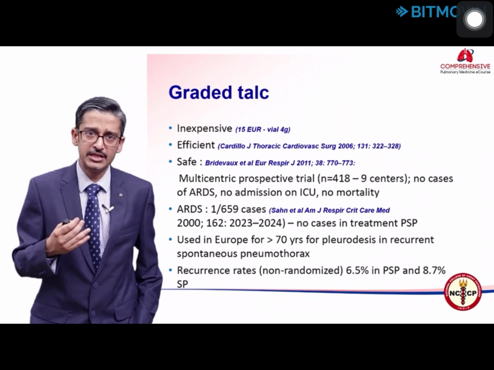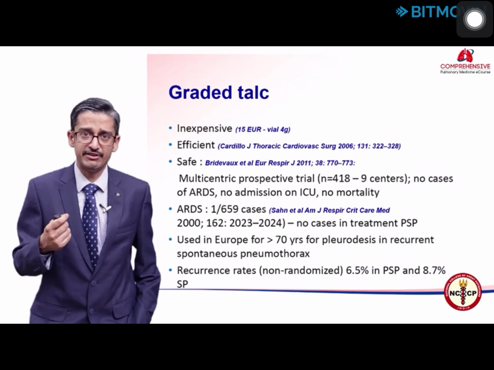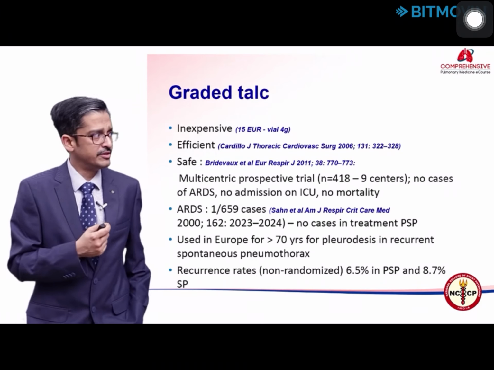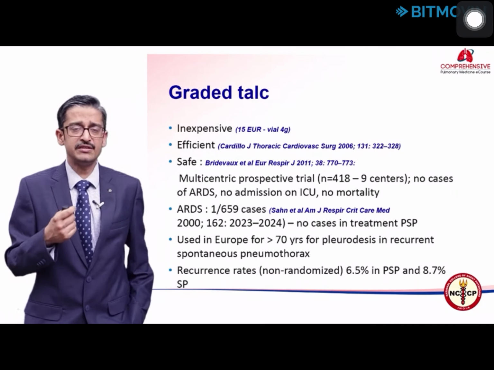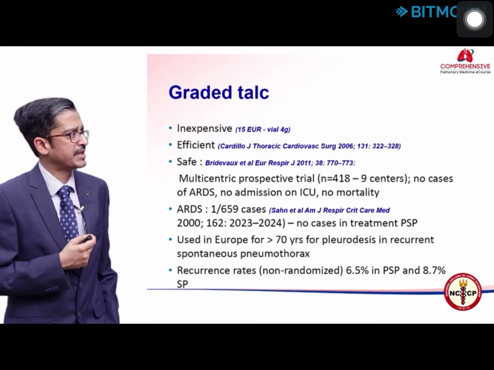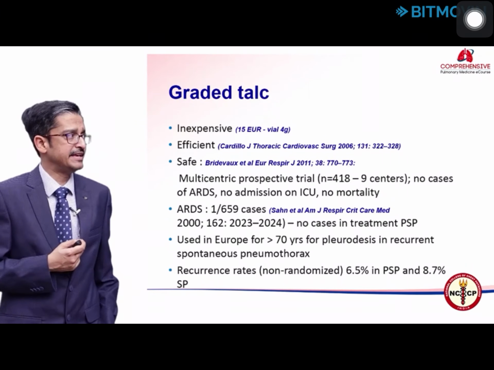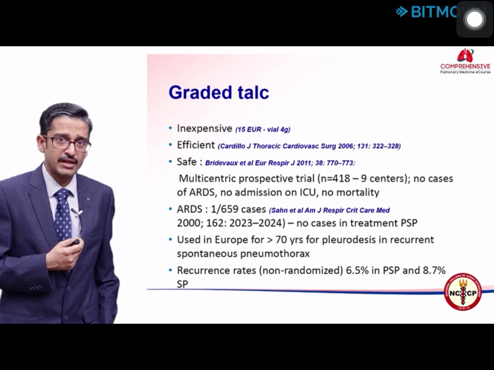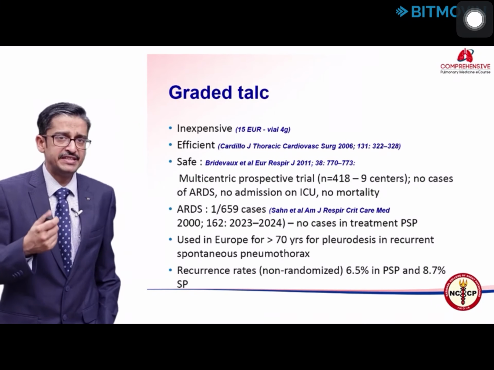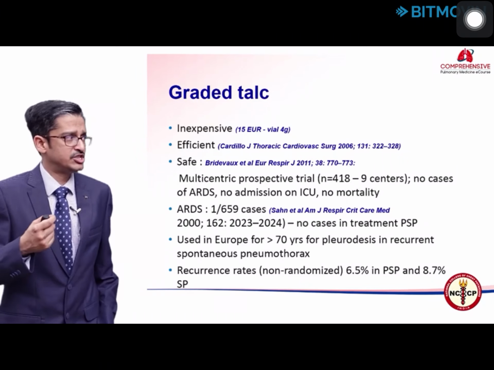There was a lot of thinking about ARDS, the risk of ARDS in these patients if they are given talc. However, large prospective randomized controlled trials have shown that they're extremely few and far between. So you can see one case out of 660, and even there, the patient recovered. So it's safe, it's efficient, it's cheap.